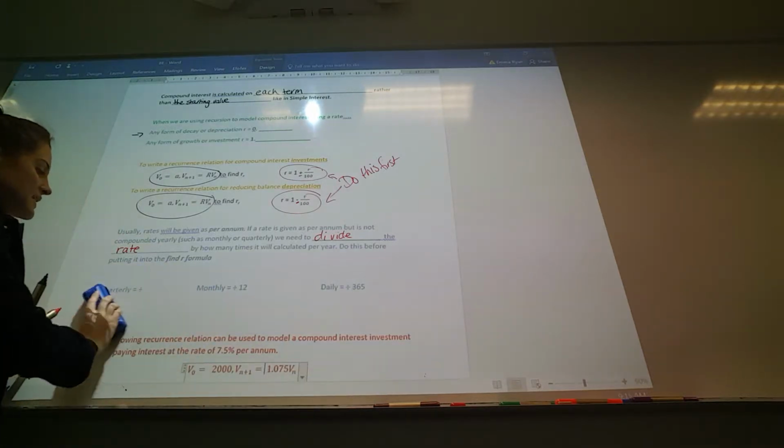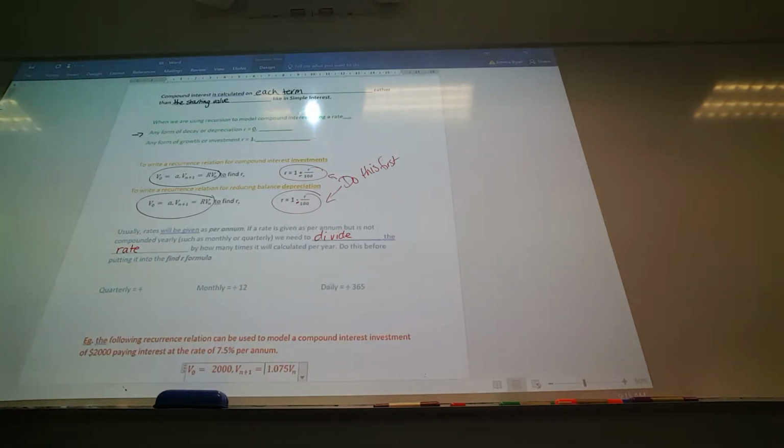So you might get a question where it's an investment at 4.8% per annum, compounding monthly. So it's saying the rate per year is 4.8, but we're calculating it monthly. So we've got two different things, per annum and monthly, and we need to do this sort of conversion.